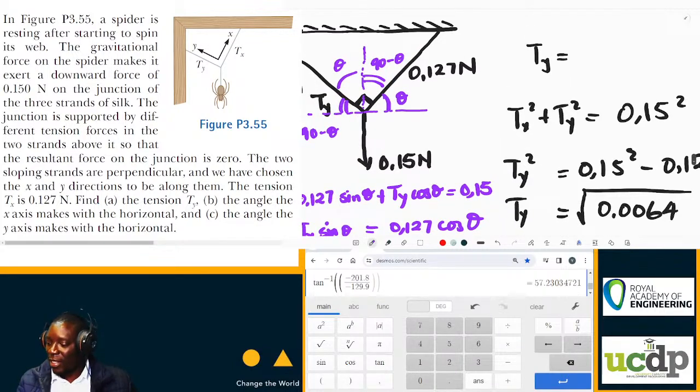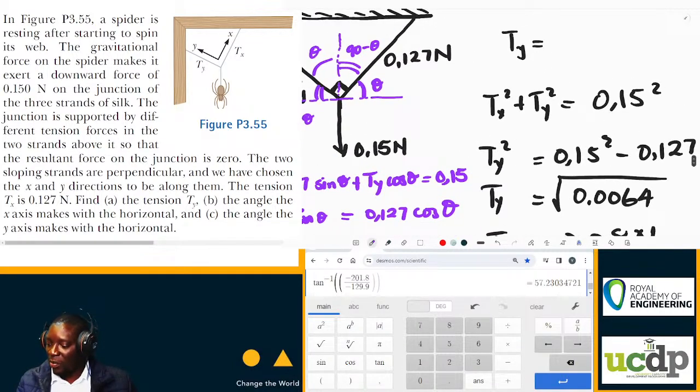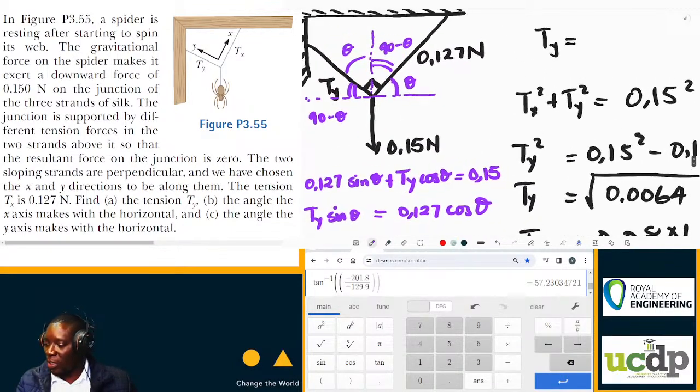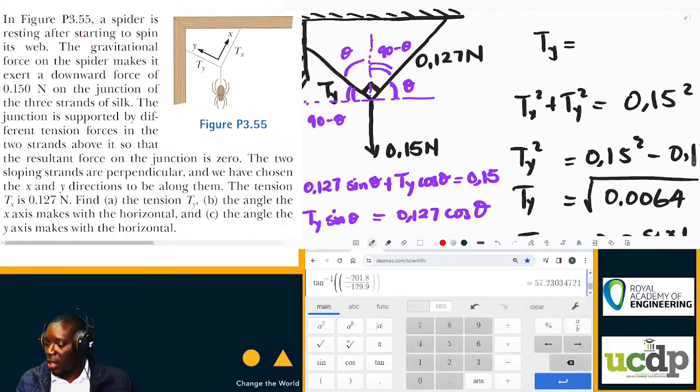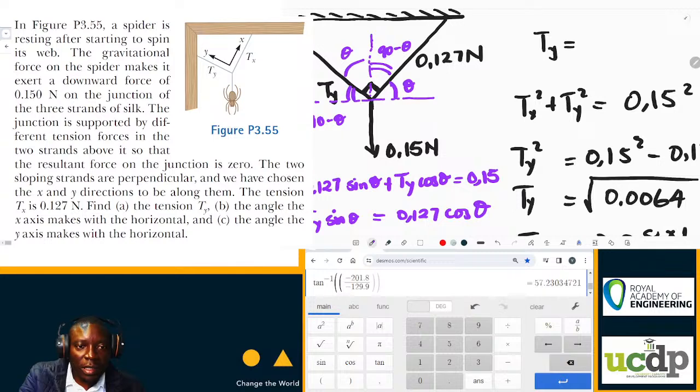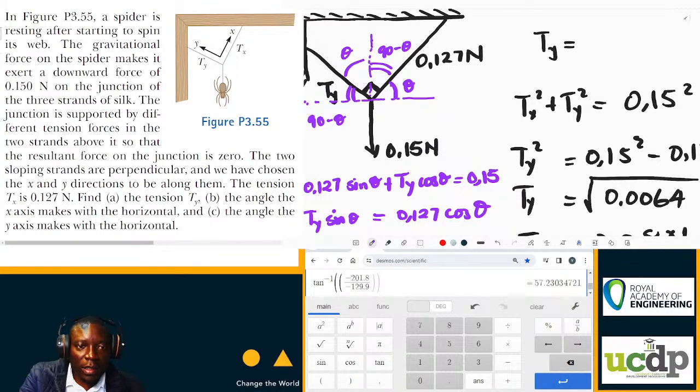But I think the simplest is what we have simply done based on the information given here, what I've written here in black. The statement which says the resultant force on the junction is 0 means the system is balanced.